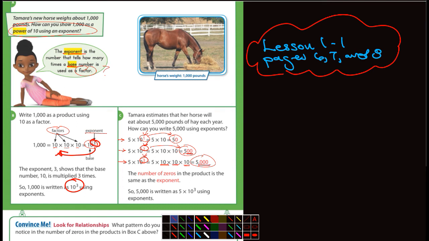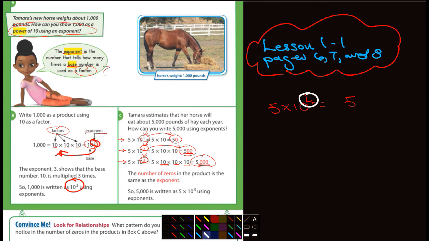And notice 3 zeros. So what if I said 5 times 10 to the fourth? What would that equal? Well, you could take it another step and do 10 times 10 times 10 times 10, 4 times. Or you could just write 5, and how many zeros do you think you would add?